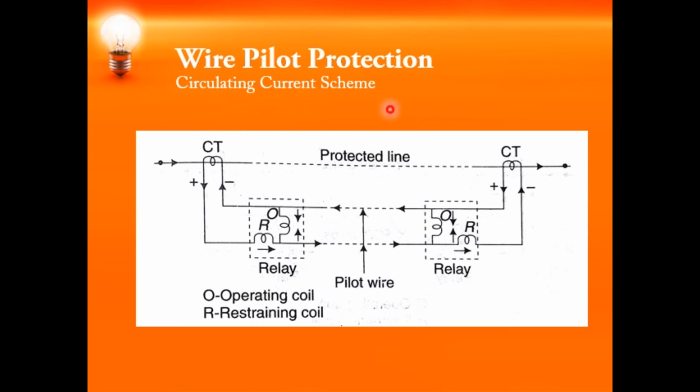You have the transmission line and two CTs, one at one end and the other at the other end. Whatever current is flowing at this end, the same is expected at the receiving end. If not, that means some internal fault has occurred, and in that case the differential relay will operate.